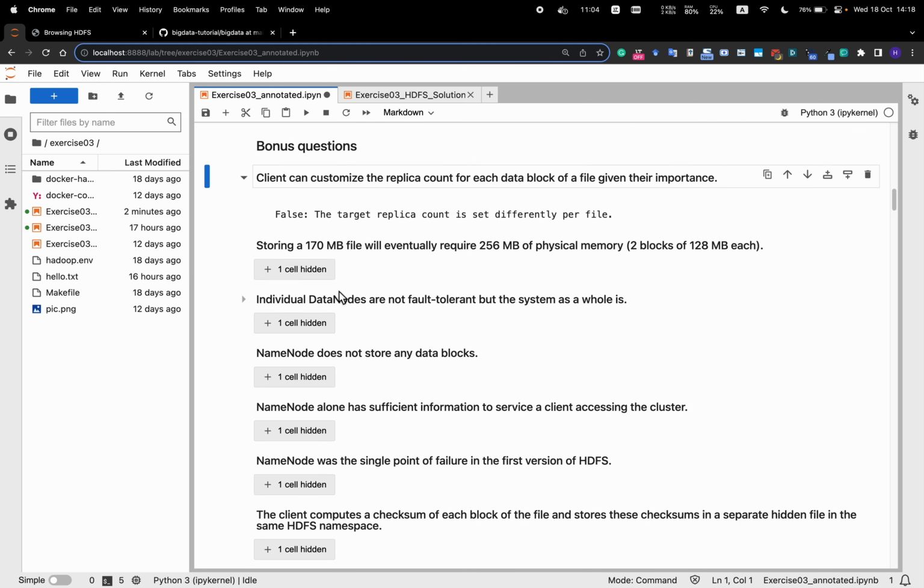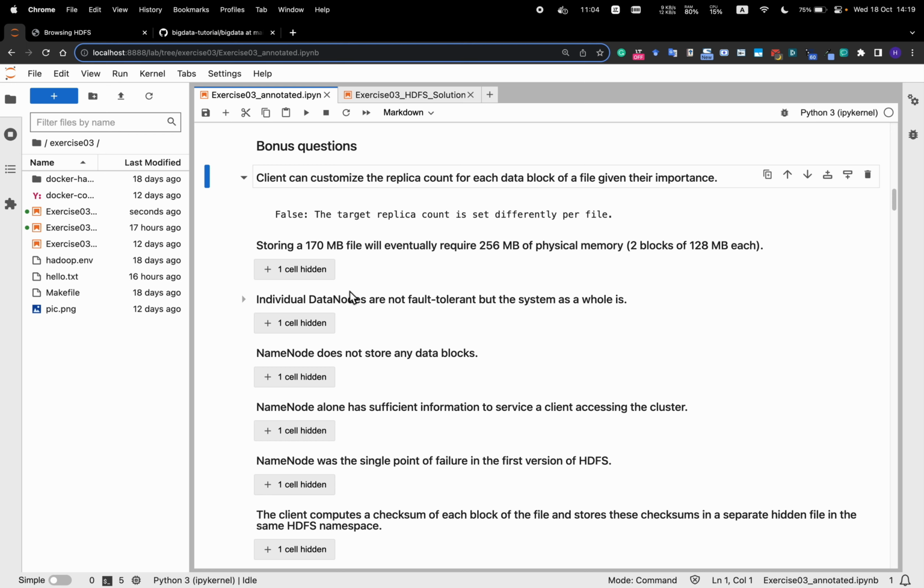For storing a file, for example a 170 megabyte file, would it eventually require 2 blocks of 128 megabytes or not? No, because you would use one full block and fill the rest in one block, but you wouldn't make it 128 megabytes.